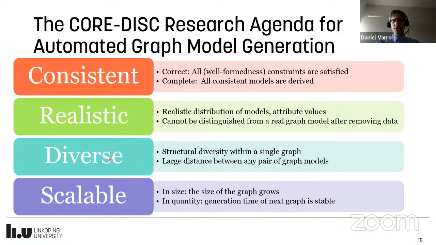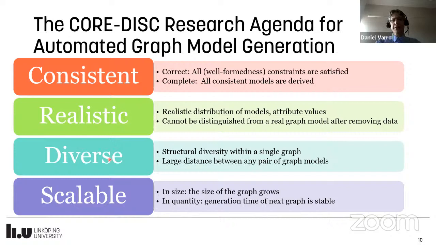Property number three is related to diversity. And diversity in a model generation context can mean at least two different things. One is that each single graph that we generate shows a structural diversity in itself, so it uses different kinds of model elements.